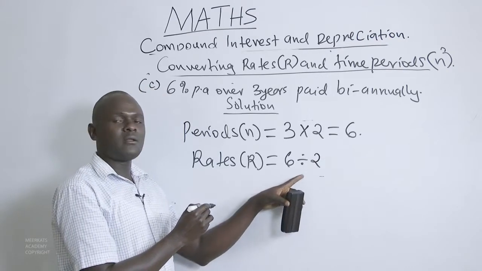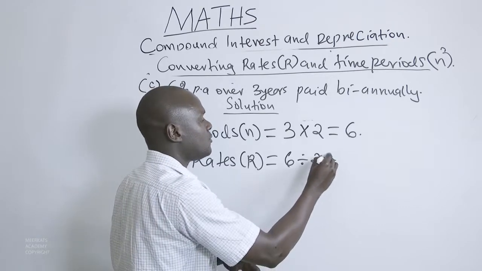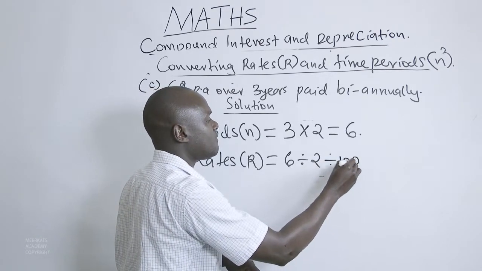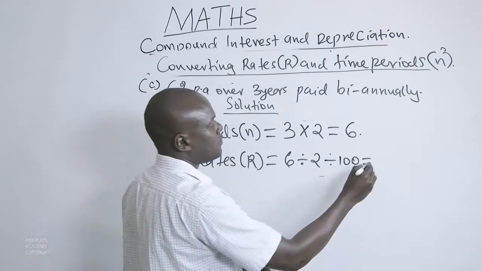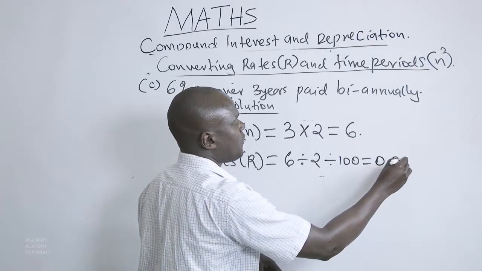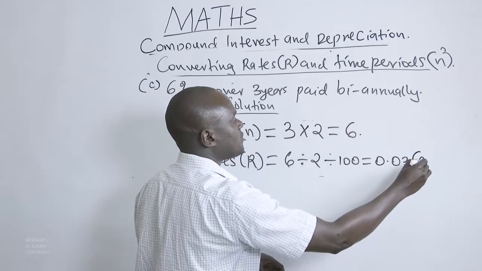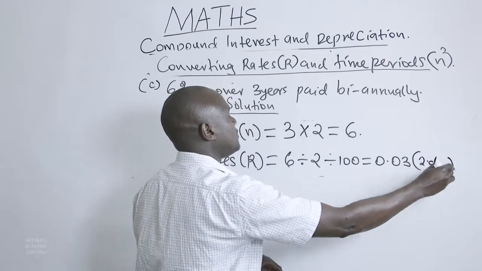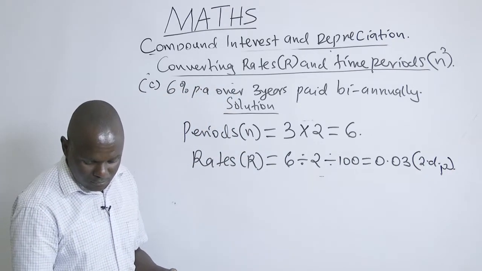And we need to convert the same into decimals. This will be divided by 100, giving us 0.03. This is rounded off to 2 decimal places.